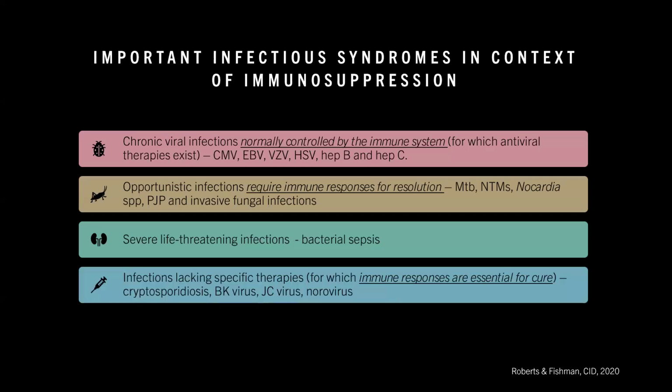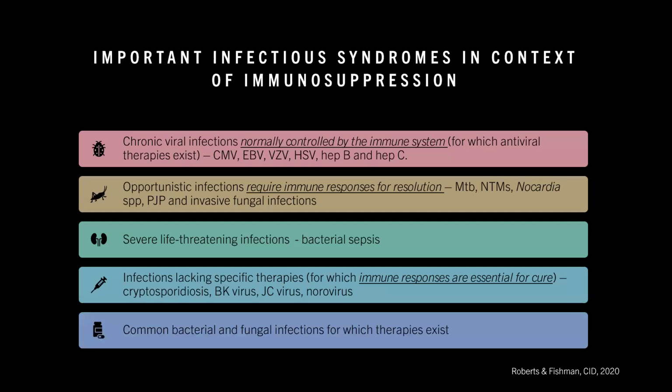And then there are other infections that lack specific therapies for which the immune system is really the primary way of controlling them, and for which a reduction in immune suppression is really the way to control them. And that's things like BK virus, JC virus. There's no specific therapies for them, and cryptosporidiosis. That really the management is about trying to reduce the amount of immune suppression.